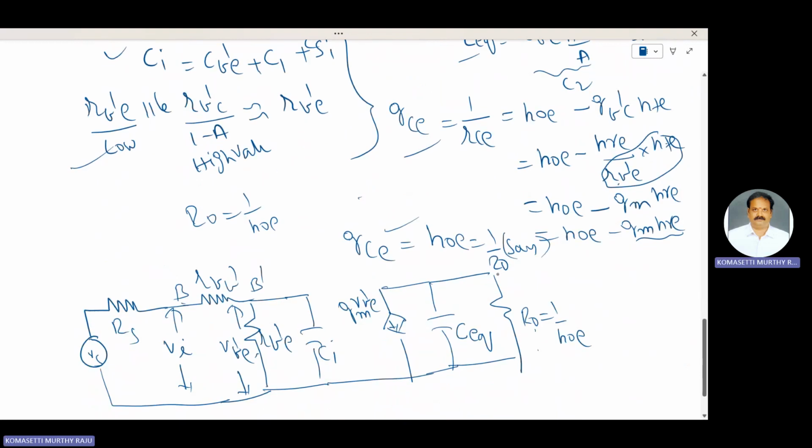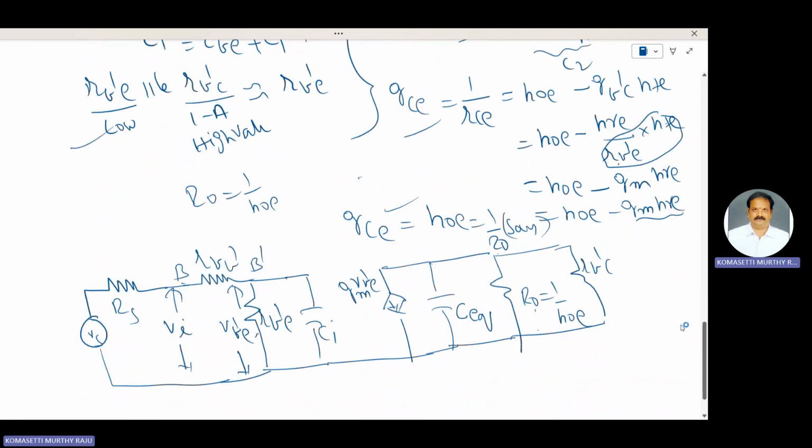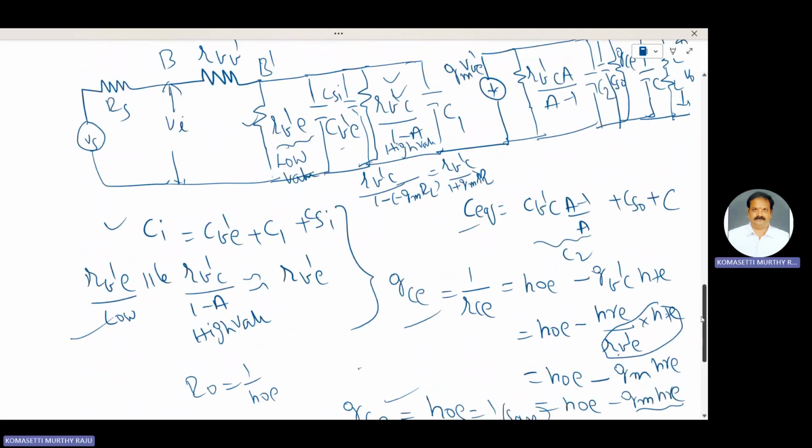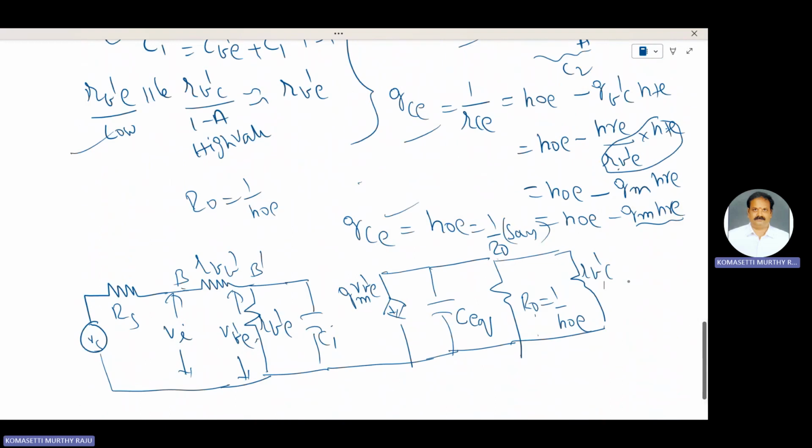This is the low value. This one is RB'C A minus 1 by A. These two are replaced with R naught, and RL is there.